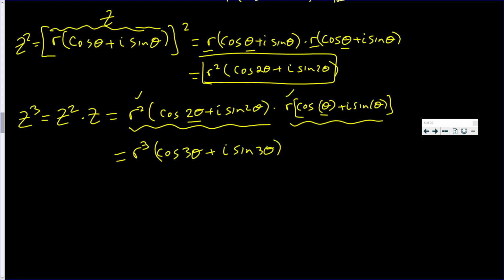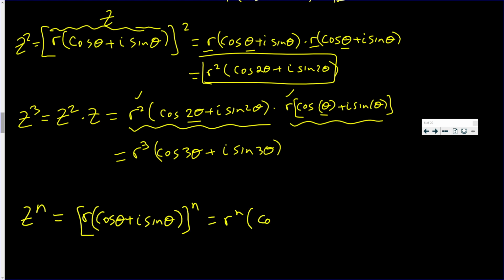In fact, I'm not proving this, but I'm motivating it. In fact, z to the n, where z is r times cosine theta plus I sine theta, all to the n, is r to the n times cosine n theta plus I times sine n theta.